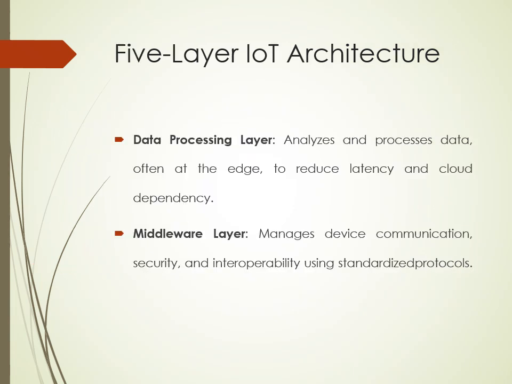The next one is the 5-layer IoT architecture. Okay, so what is it going to be? In the first architecture, we had the perception layer, network layer, and application layer. Whereas in the 5-layer IoT architecture, apart from the perception layer, network layer, and application layer, we have two additional layers called the data processing layer and the middleware layer.